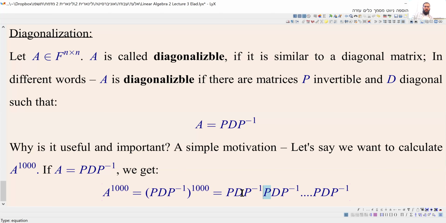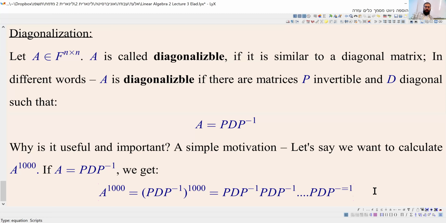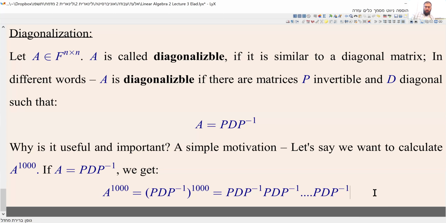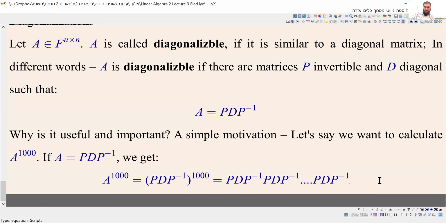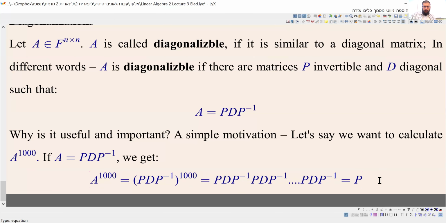And now every P and P minus 1, when they meet each other, they cancel each other, and it becomes the identity matrix.